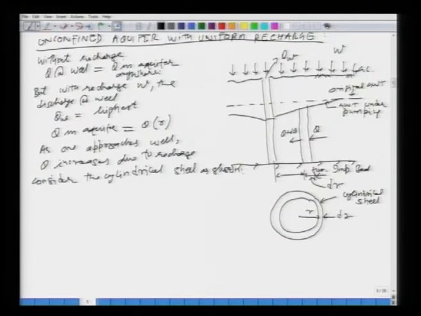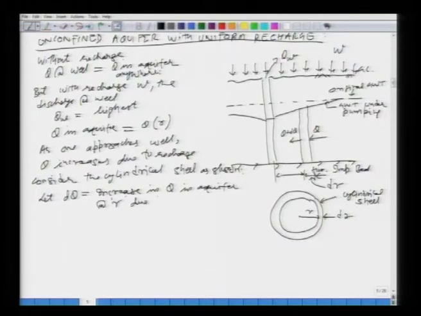So, dQ is the increase in the flow Q in the aquifer at some radial distance r.